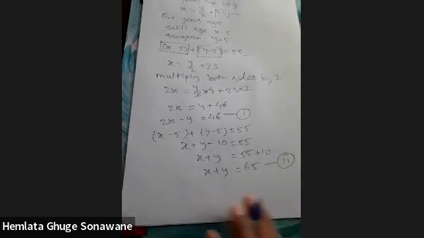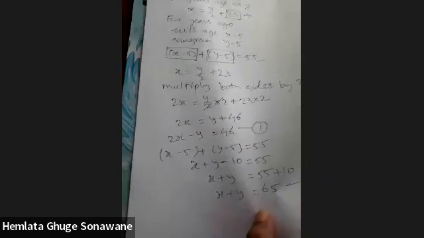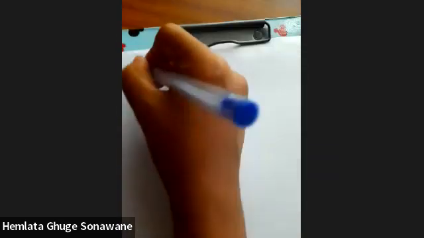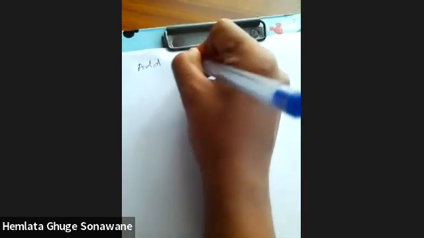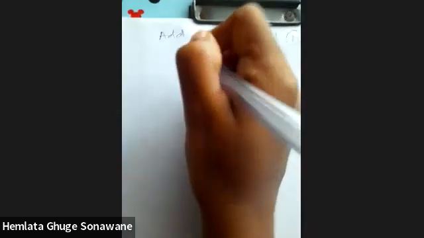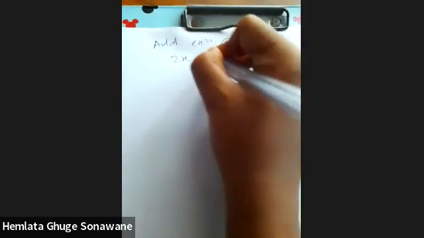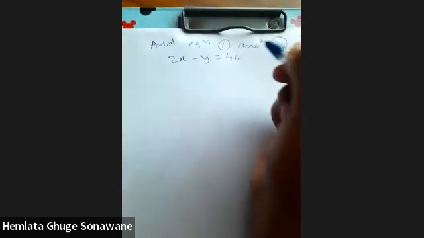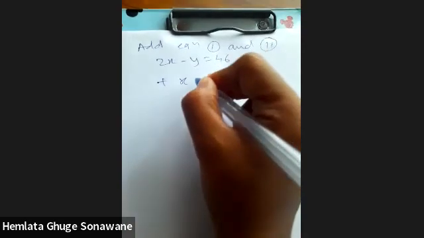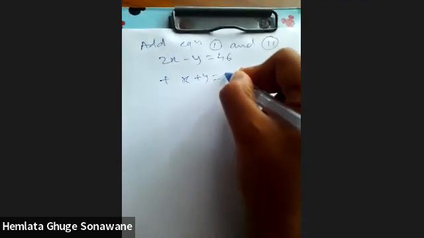Now we'll add both these equations, equation number 1 and equation number 2. That is 2x minus y is equal to 46 plus x plus y is equal to 65.